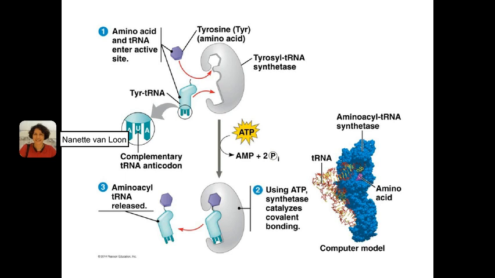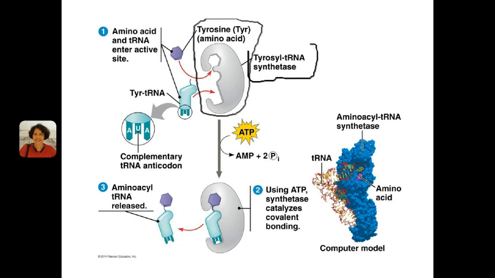The process of charging a tRNA with its correct amino acid is shown in this slide. We see the enzyme that performs this process, an aminoacyl tRNA synthetase. In this specific case, we're looking at tyrosyl tRNA synthetase. It is called that because the amino acid that it will charge to the correct tRNA is the amino acid tyrosine, and that's shown over here.